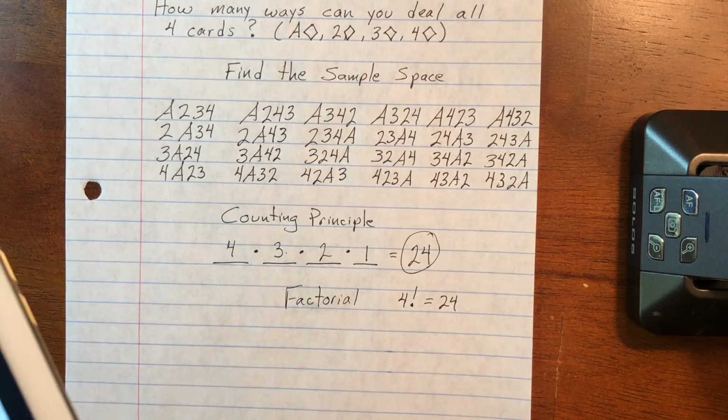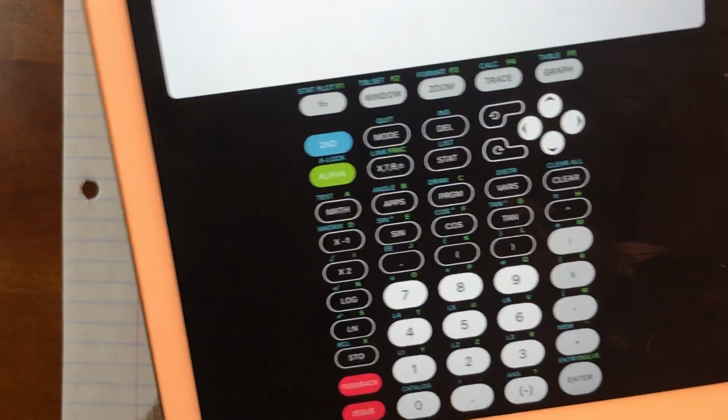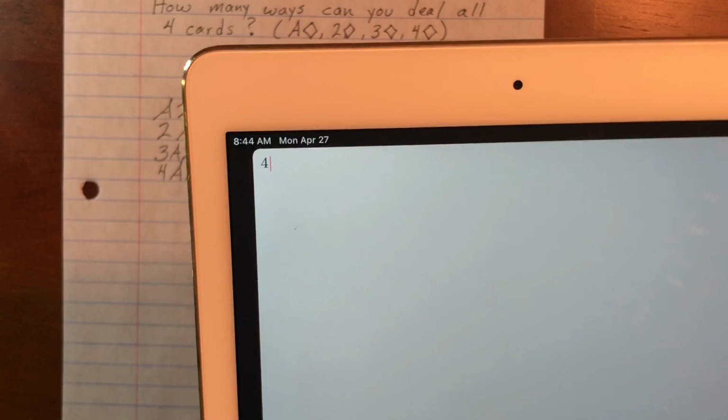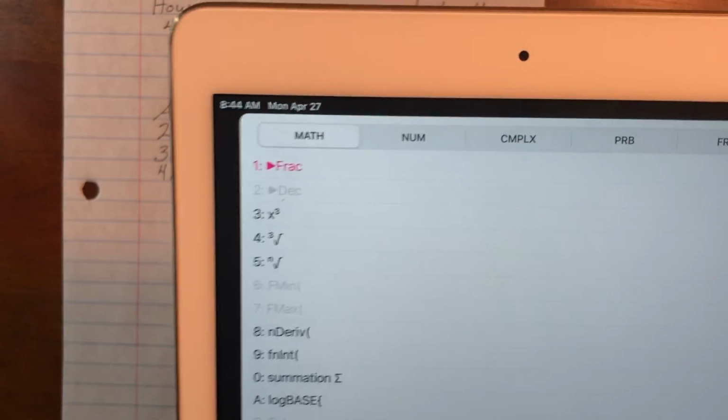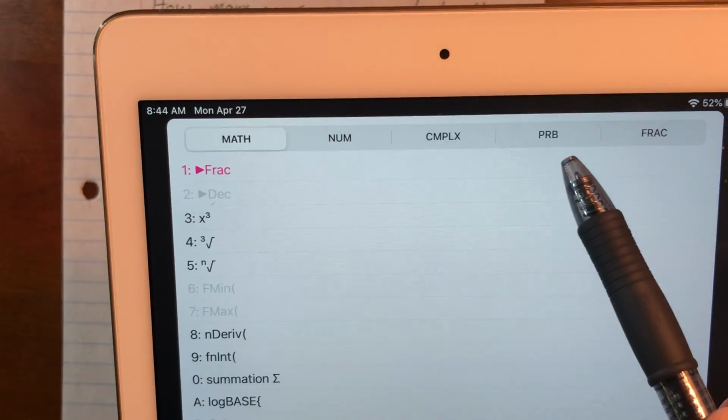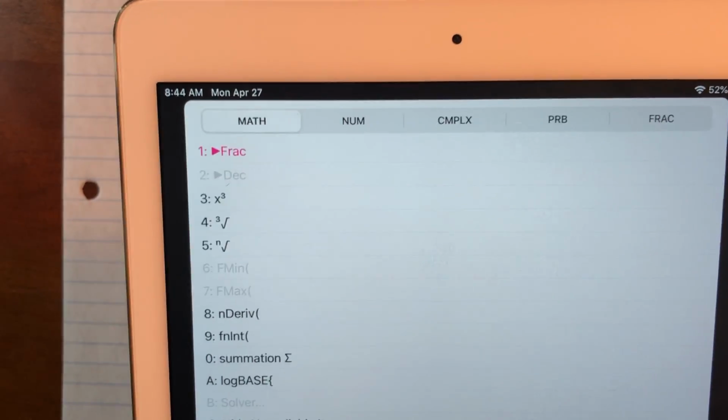So let's do that. And some of you maybe know this already, but what I'm going to do first is I'm just going to hit 4, and then I'm going to put that exclamation point at the end. So where do I find that? Go to the math button right here, and you'll see that some choices come up. The 4th choice is PRB, which stands for probability.